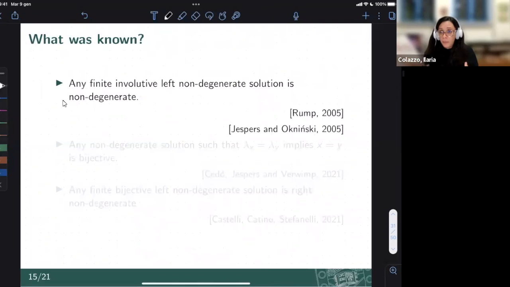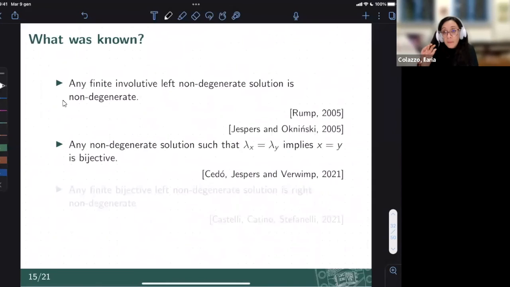This was proved by Rump using cycle sets, and was proved by Jespersen and Okniewski using I-monoids. Moreover, Gateva-Ivanova, Jespers, and Van den Bergh proved that under very strong assumptions, that is, if we have a solution that is left non-degenerate, that is non-degenerate, and such that lambda x is equal to lambda y if and only if x and y are equal, then this solution is bijective.